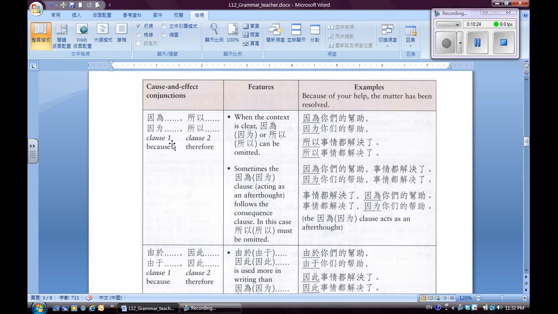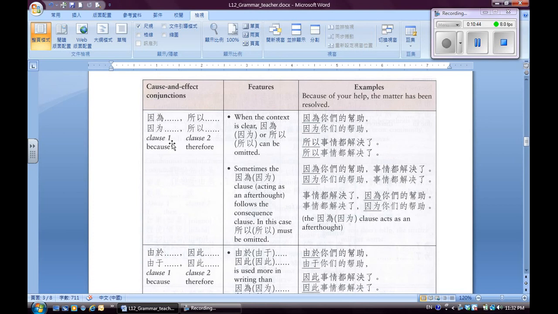The 因为 clause acts as an afterthought. Here I'll give you two more examples. If you feel a little bit confused about what that means, when I first read that, I felt it was confusing. I didn't know what that meant exactly. So let me give you two examples.